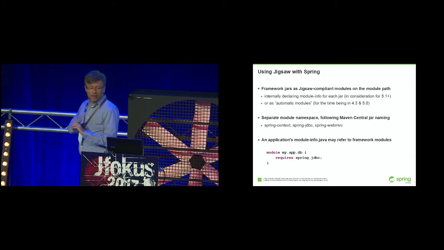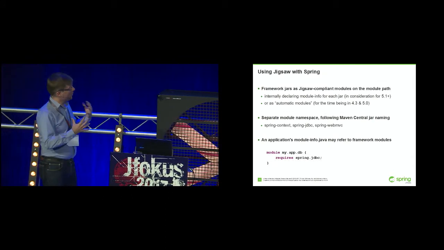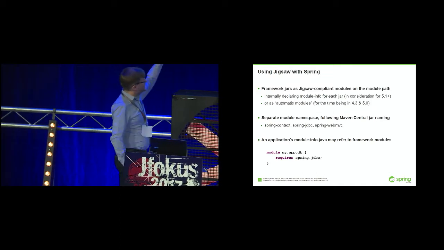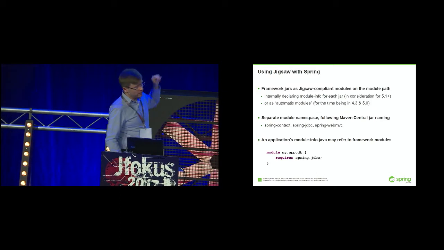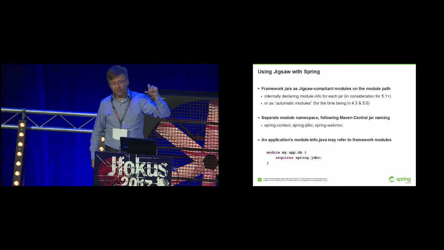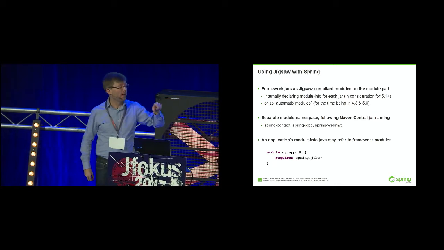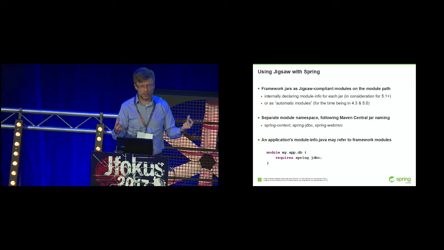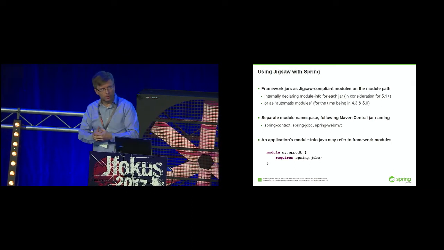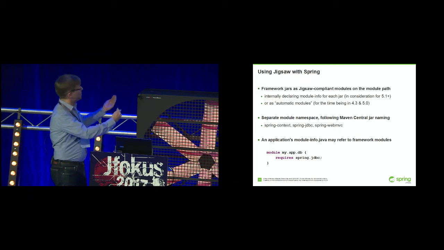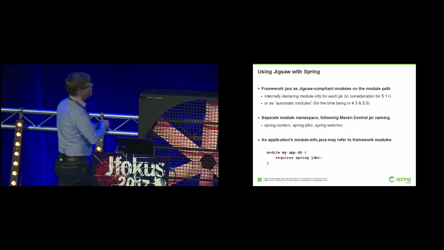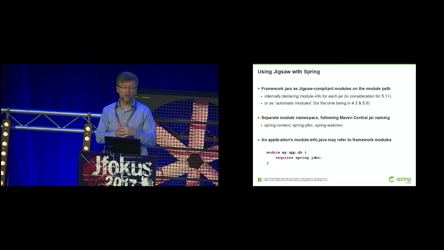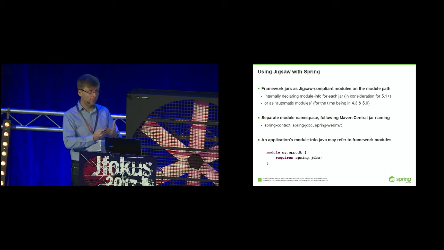So to give you an idea of what you can currently do if you choose to investigate Jigsaw, it's about application deployment descriptors like module-info.java files living in your application jars and referring to their dependencies through requires clauses. Other modules of your own deployment layout, but in particular framework modules. So what you can do right now is put Spring Framework jars or other jars onto the module path.